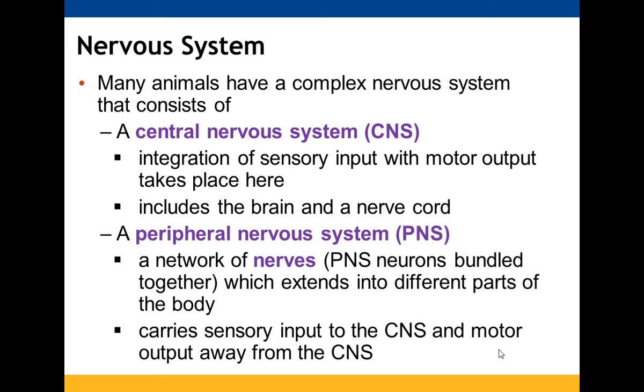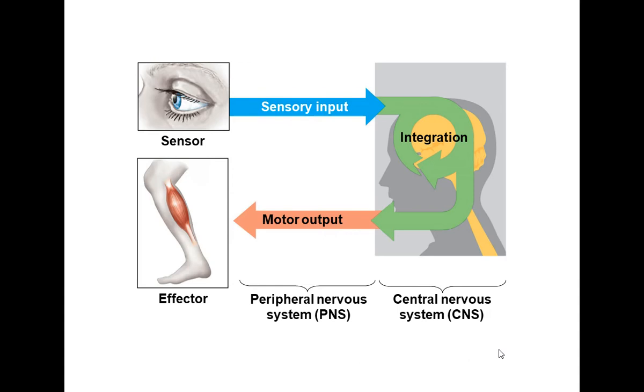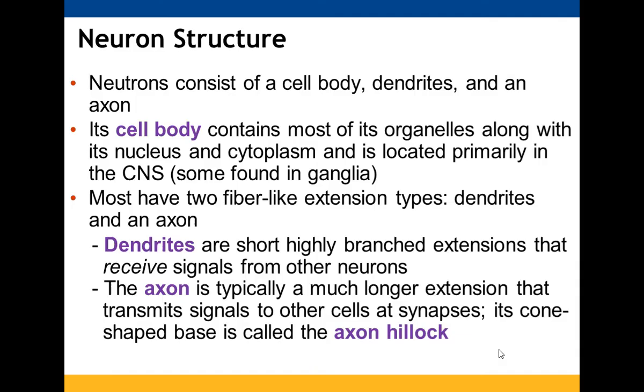They're the ones that take the information to the CNS and take it out from the CNS. So your eye is acting as a sensor in this particular case. That information that it is sending is integrated in the central nervous system, and then it is sent out of the central nervous system to the affected, in this case, muscle, through the peripheral nervous system. And then the information is sent in from the eye to the central nervous system via the peripheral nervous system.